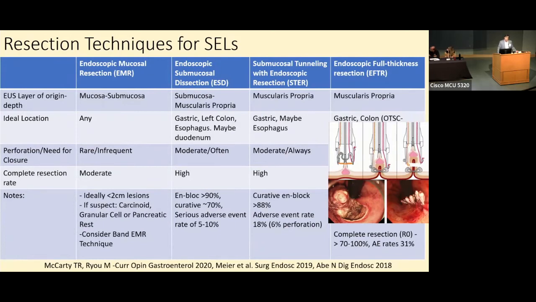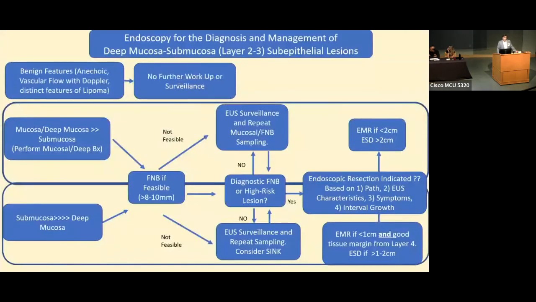So there are many different ways to cut the pie, so to speak, or design an algorithm around these lesions. The way that I conceptualize it is the lesion in the deep mucosa or submucosa. If the lesion on EUS has benign features, or is clearly vascular with Doppler flow, or has distinctive features of a lipoma, then I don't think those patients need any further workup.